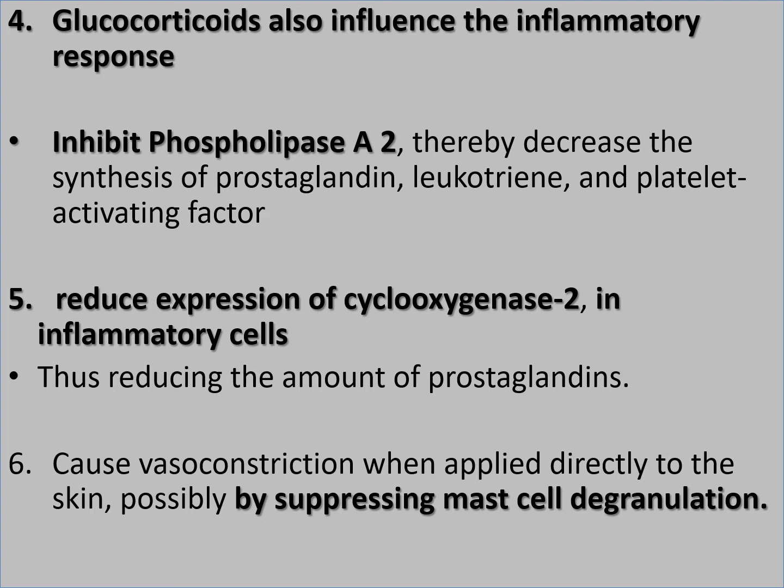On the other hand, they reduce the expression of cyclooxygenase 2 in the inflammatory cells, and this also decreases the amount of prostaglandins. Now, what happens? All of these effects cause vasoconstriction when applied directly to the skin, possibly by suppressing mast cell degranulation.